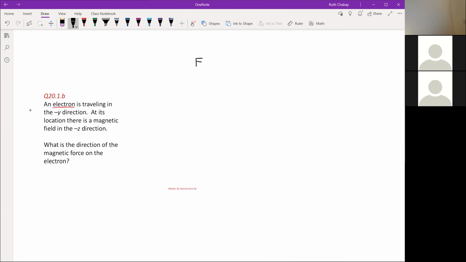So remember that we have the magnetic force is QV cross B. So the first thing to do is get the direction of V cross B. We point our fingers in the negative y direction. We curl them into the page in the negative z direction.